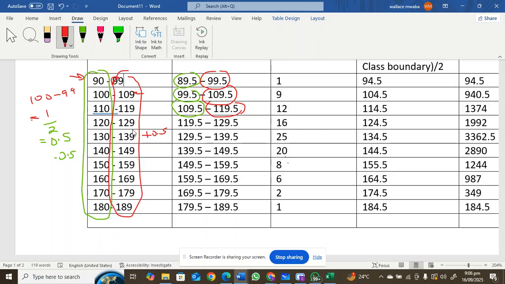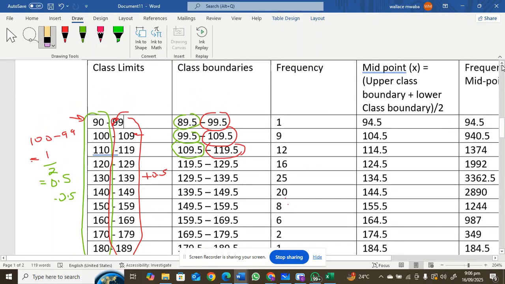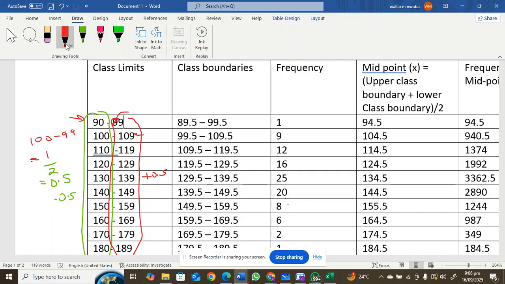Yes. So all the upper limits you add 0.5. And as we can see now with our class boundaries, there are no gaps between the classes. As you can see, 89.5 to 99.5, and the next class starts 99.5 to 109.5.